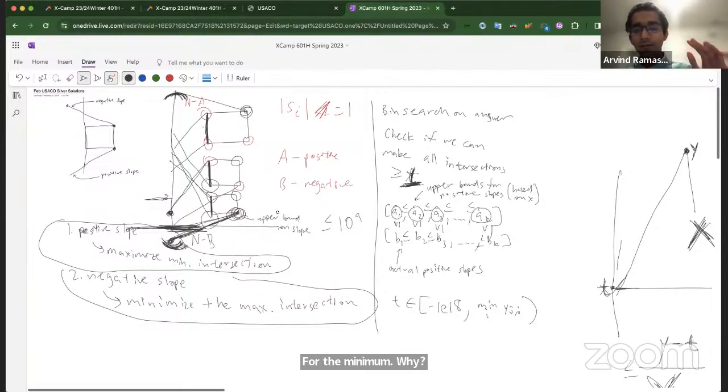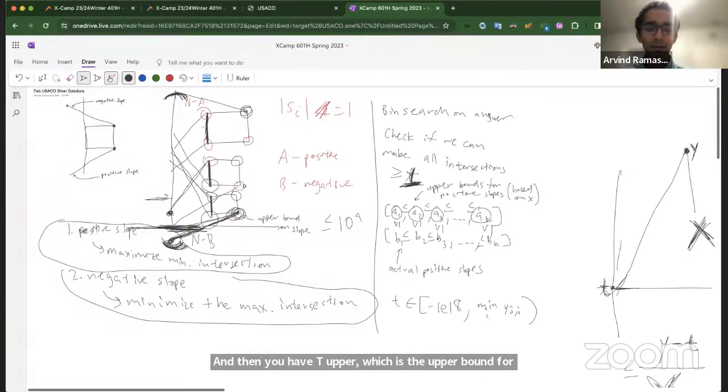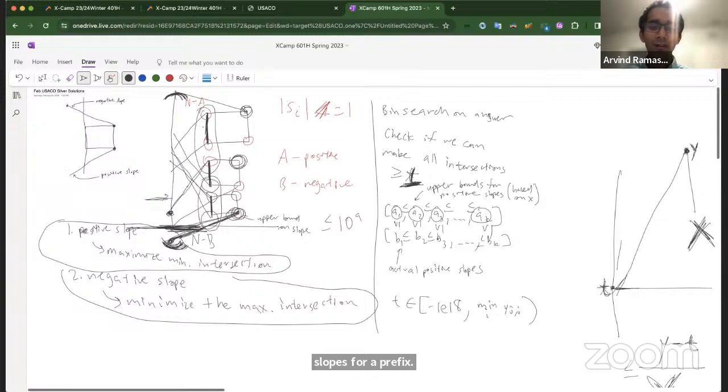The key thing you should see is that it's always optimal to have positive slopes for a prefix and negative slopes for a suffix. So essentially, you're solving two separate problems. For everything that has a negative slope, you're trying to maximize the highest intersection, and this is some binary search.